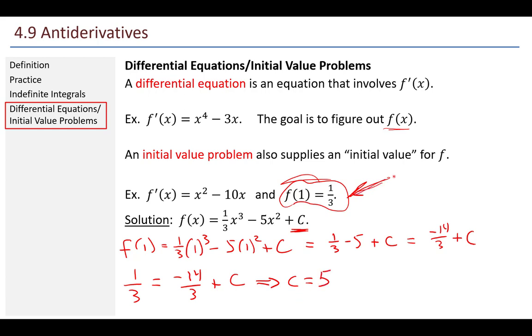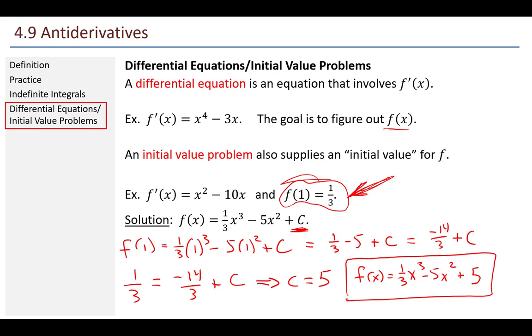So it's this initial value that lets me figure out the exact value of c that I should use. So now I have a solution to the initial value problem, and that is f of x equals 1/3 x cubed minus 5x squared plus 5. And that is the solution.